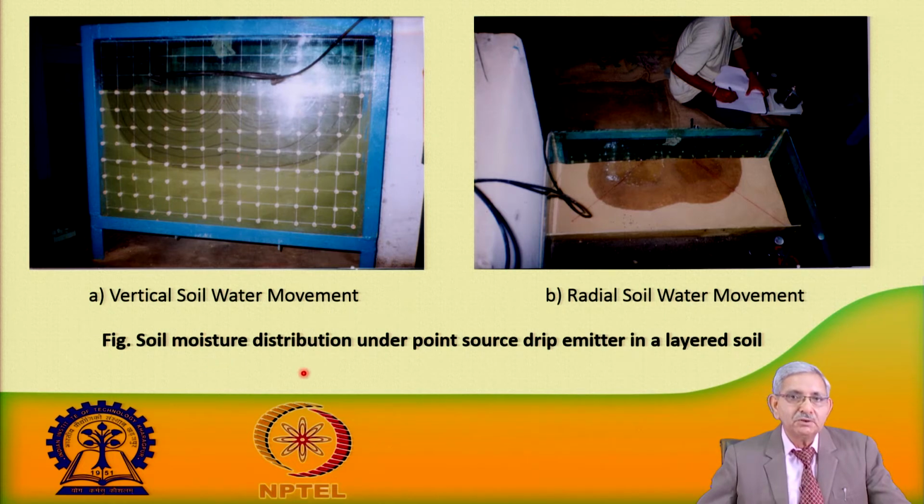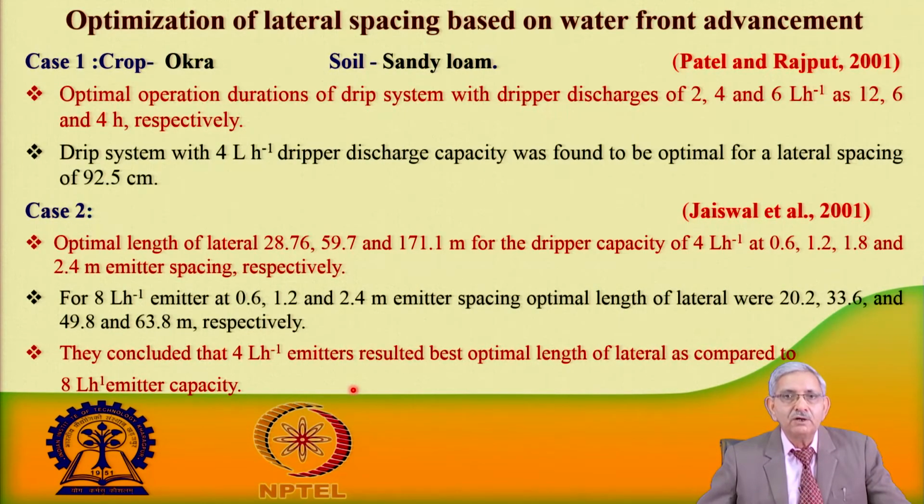Next is soil moisture distribution under a point source drip emitter in layered soil. Here it is not only one particular soil, but at a certain depth another soil exists, which is a common thing in field conditions. We carried out theoretical studies as well as experimental studies in order to find out the spacing of the laterals. This is one study which has been done on sandy loam soil, with okra as the crop.